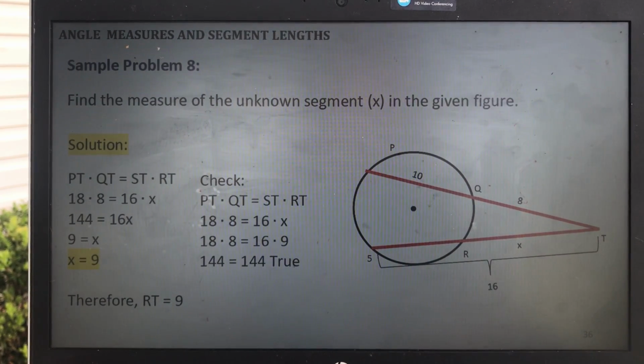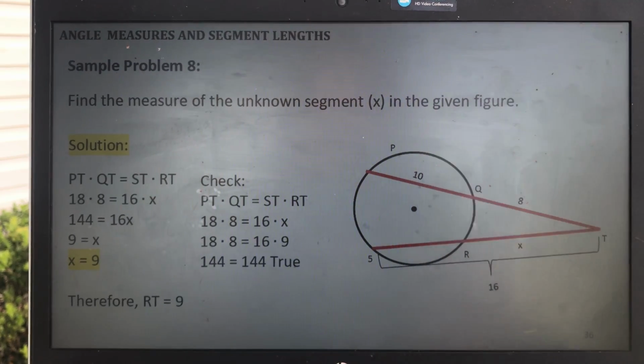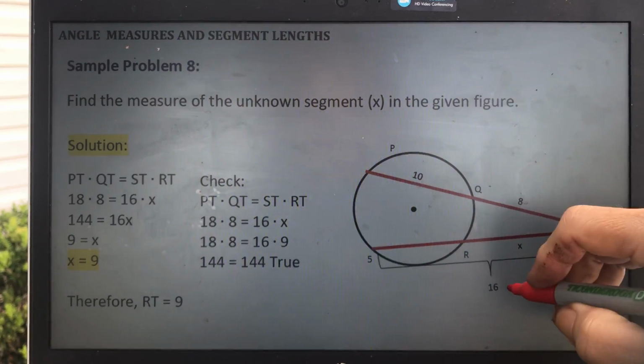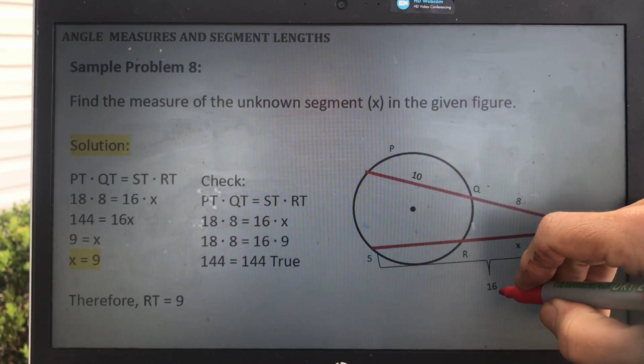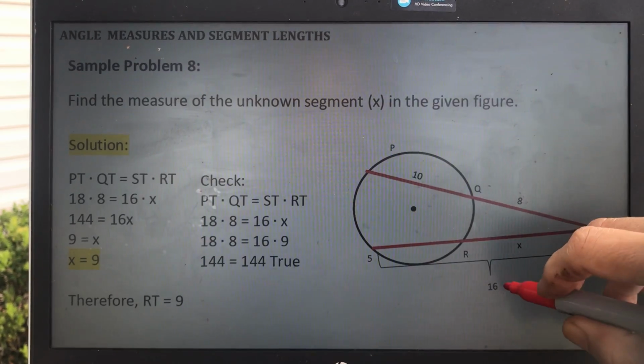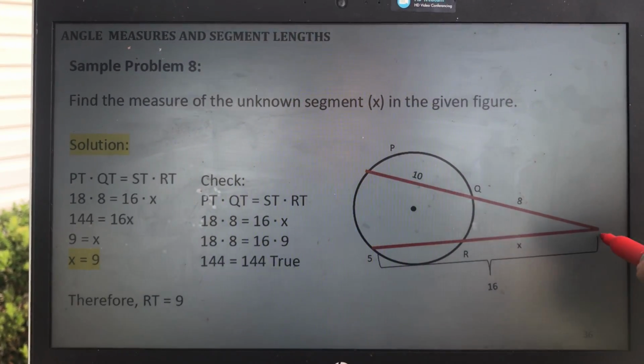PT is going to be equal to 10 plus 8, which is 18. QT, which is the exterior segment, measures 8, which is right here. Okay, that's going to be equal to ST, the distance between S and T, which is equal to 16. It's given right here. So that's equal to 16 times x, which represents the distance from R to T.